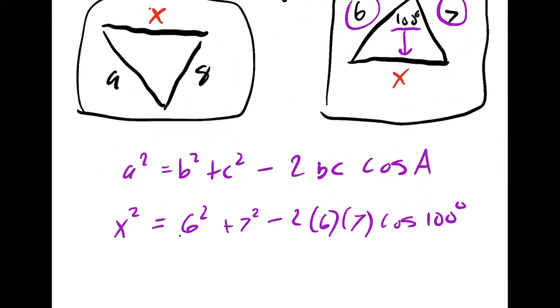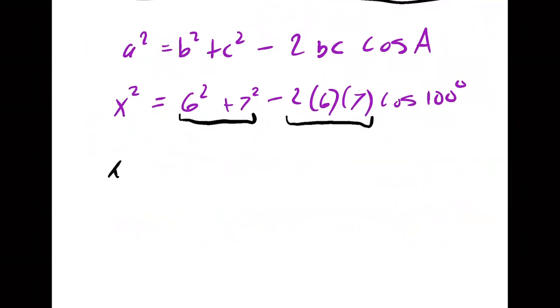Simplifying, we get x squared is equal to 85 minus 2 times 42 times cosine of 100 degrees.